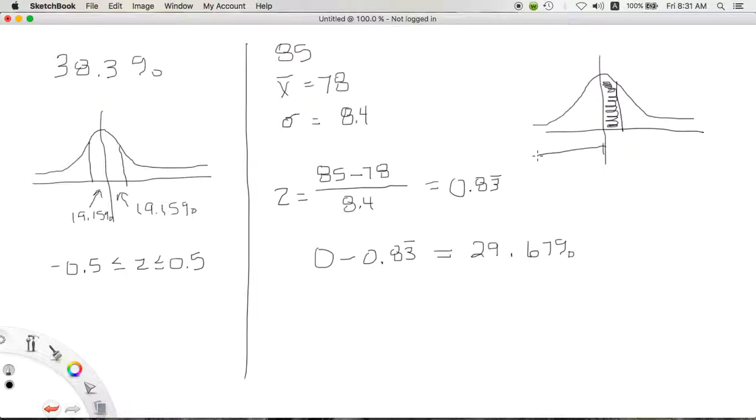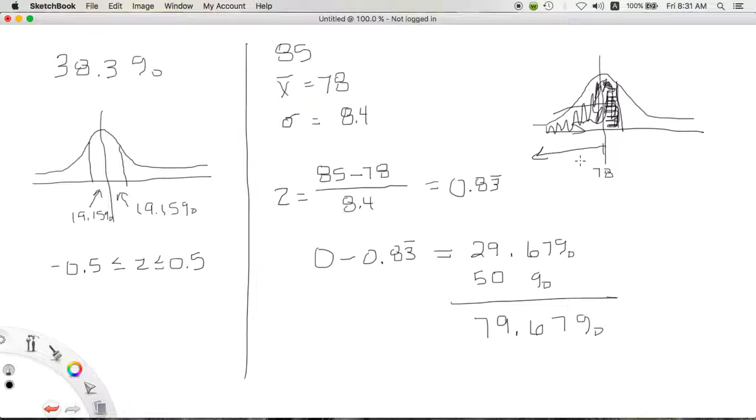Well, this is 50% of the data. So we add 50% to that, and we get that our percentile rank is 79.67, because this whole area, all the way up to our score, is 79.67%. So this is the average here, which would be 78, and this is our score. Everything below it gives us the percentile.